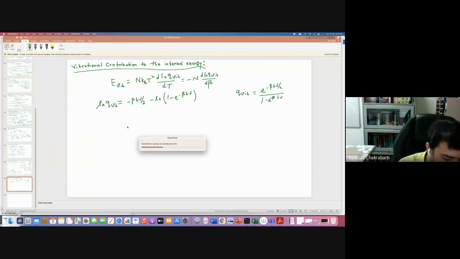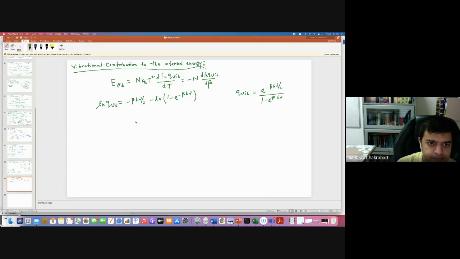So now I take the derivative, I have 5 more minutes. What am I going to get? I'm going to get minus h nu by 2 minus 1 over 1 minus e to the minus beta h nu into e to the minus beta h nu into h nu, and minus minus will cancel, h nu. This is what I'm going to get, isn't it?